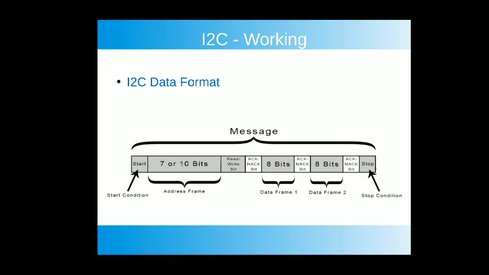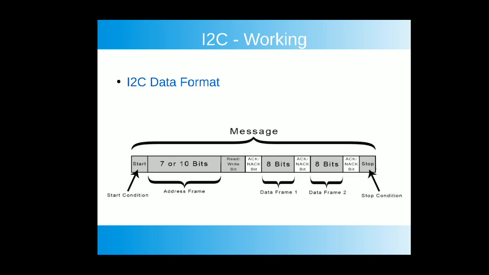In this data frame the actual data is sent, and this data frame is only 8 bits long. So in order to send more than 8 bits of data, we need to send it in 8-bit durations: first 8-bit data, then acknowledgement bit, then 8-bit data, then acknowledgement bit, like that.